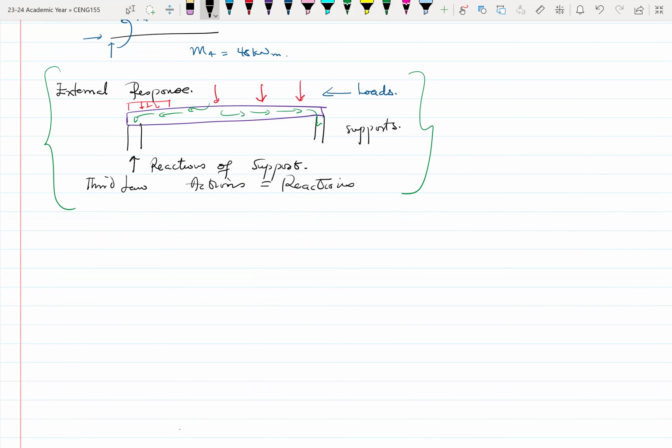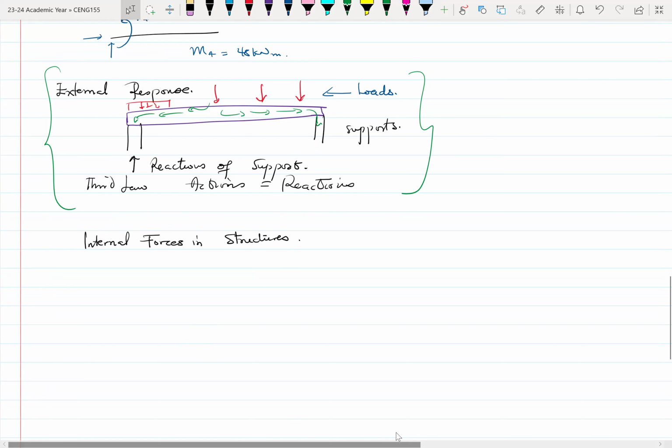So our next topic will be internal forces in the structures. We have three main types of those internal forces, and then we will explain the concept behind them.